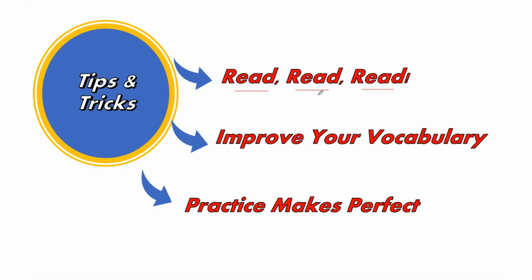And it goes along really well with tip number 2, which is improve your vocabulary. The more you read, the more you're going to improve your vocabulary. I find a really good way to do this is to read, and then when you come across a new word, make a tiny flashcard or write down the word with a definition. I think using flashcards is an excellent way to do this because on one side of the flashcard, you could write the word in English.